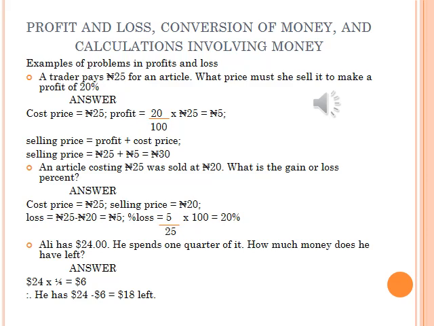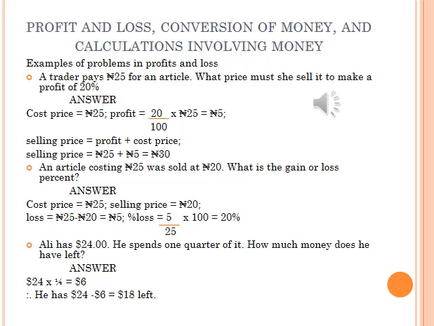Selling price is equal to 20 naira. Loss is therefore 25 naira minus 20 naira, which will give us 5 naira. Percentage loss is equal to 5 divided by 25 times 100, which will give us 20%.